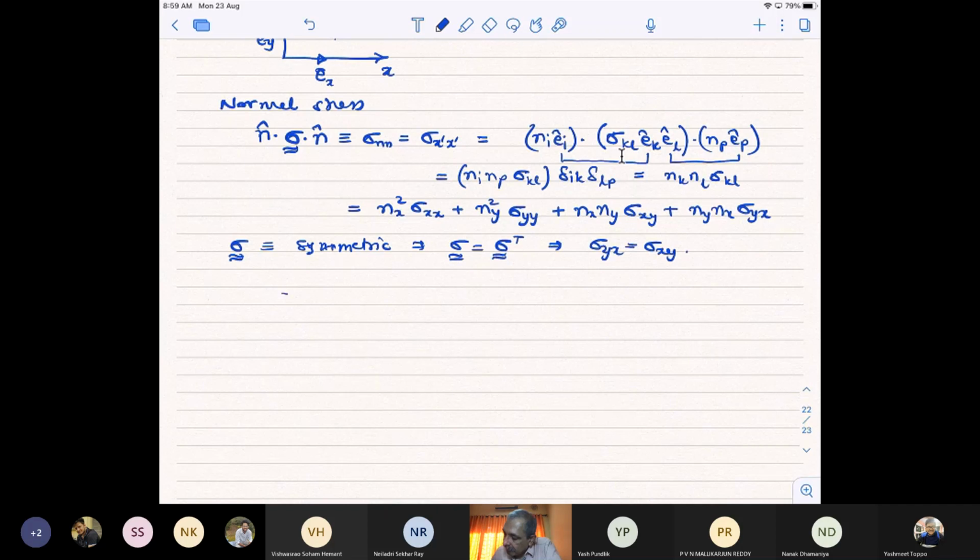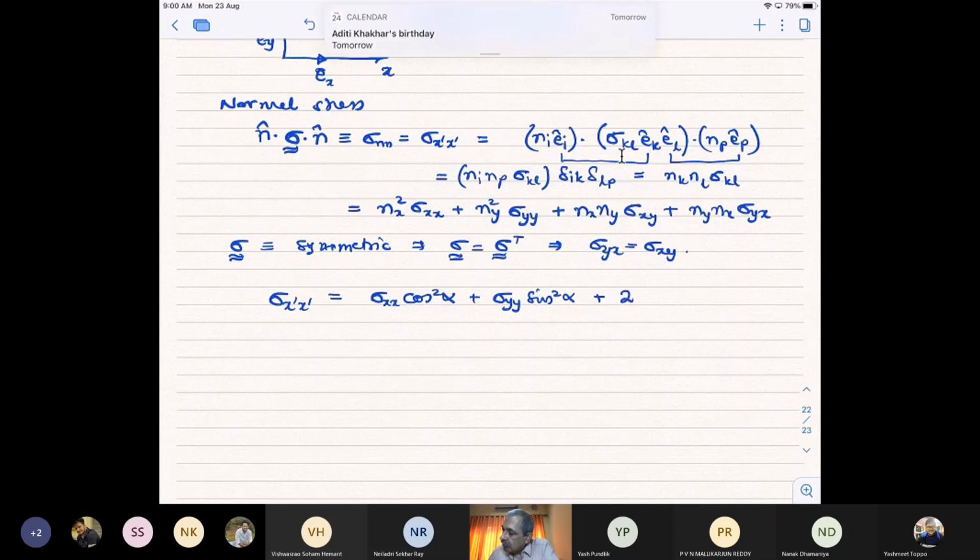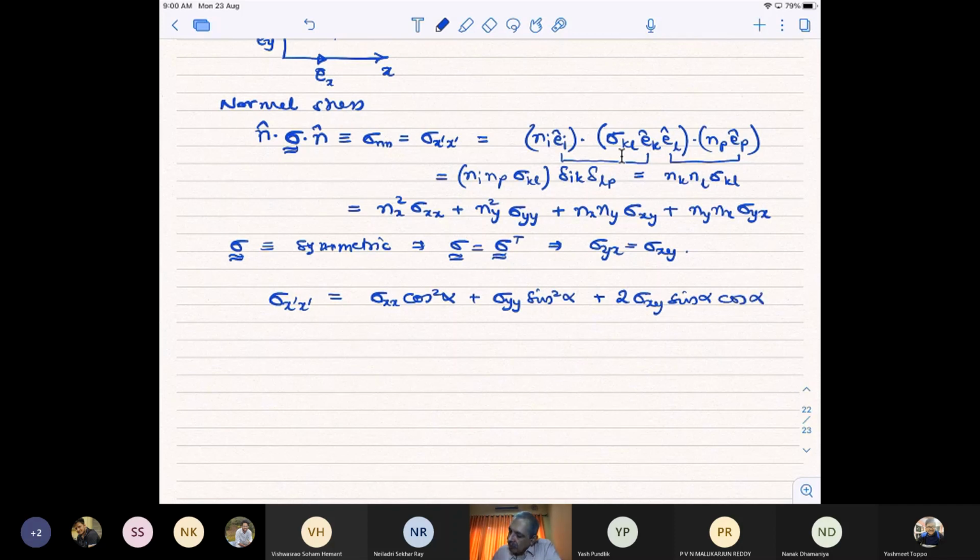So from this, if you make all the substitutions, you get sigma_x'x' is equal to sigma_xx cos squared alpha plus sigma_yy sine squared alpha, and since both these cross terms are equal, you will get plus 2 sigma_xy sine alpha cos alpha.